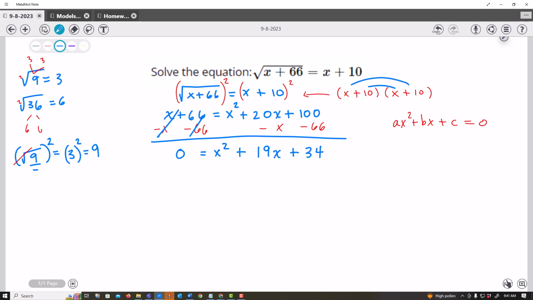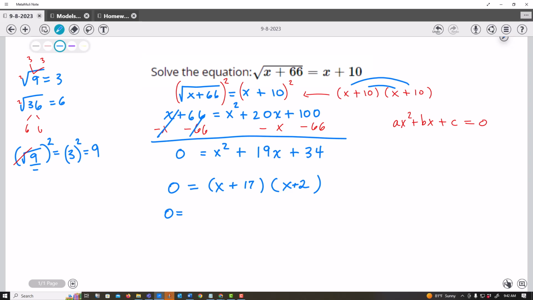And I can either, from here, throw this in the quadratic formula, or I can say, I wonder if I can factor this. And I know x times x, I think about 34 as 17 times 2. And if both of these are positive, a positive 17 times a positive 2 will give me a positive 34. 17 plus 2 gives me 19, so that looks good.